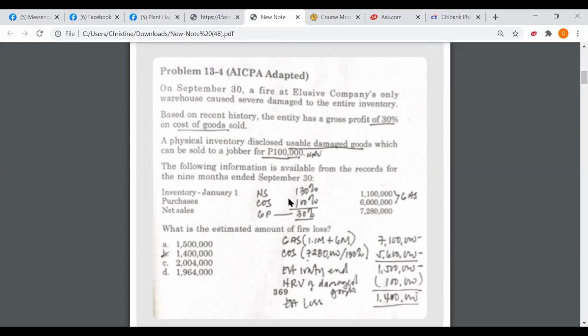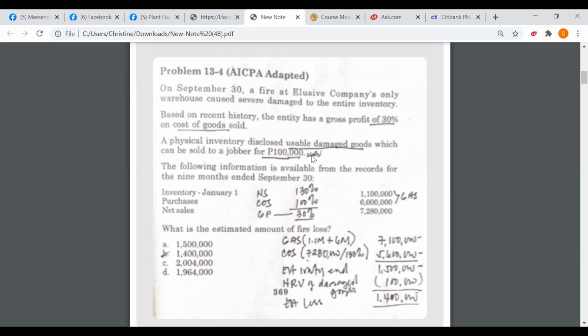So your cost must be the 100%, gross profit of 30, therefore your net sales must be 130%. A physical inventory disclosed usable damaged goods which can be sold to a jobber for 100,000. So we call that the net realizable value. When the goods are damaged, you should write them down to their net realizable value.